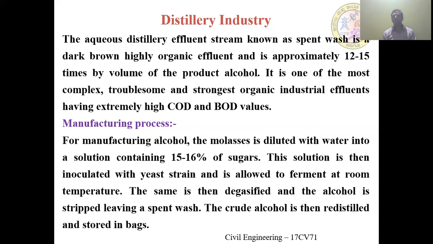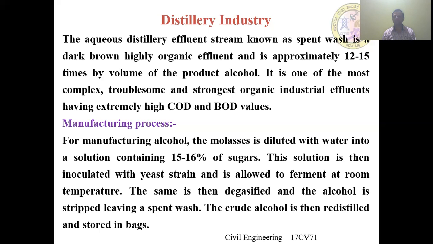And how do we manufacture alcohol? For manufacturing alcohol, the molasses is diluted with water into a solution containing 15 to 60% sugars. This solution is then inoculated with a yeast strain and allowed to ferment at room temperature.